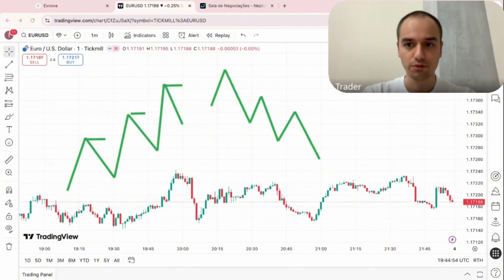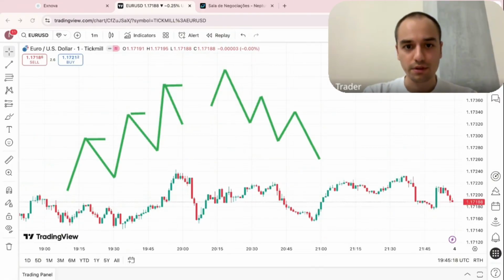That's already enough for you to understand. So when you see the confirmation, just go. Again, the structure can be formed over a certain period of time, and sooner or later, the break of structure will come. This is what we would call break of structure.